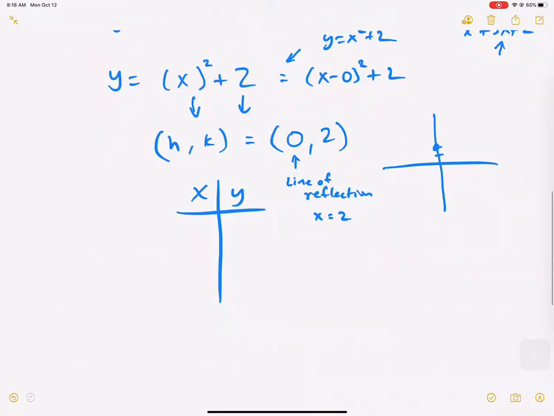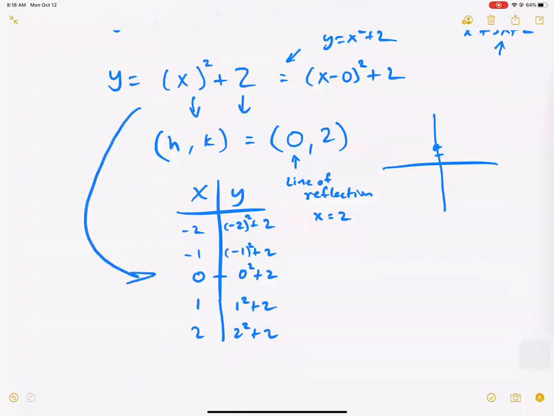Let me demonstrate that. Let's pick a number on the right, a number on the left, a number on the right, and a number on the left. If I plug in 0, it would be 0 squared plus 2, 1 squared plus 2, 2 squared plus 2, negative 1 squared plus 2, negative 2 squared plus 2. I'm plugging into this y equation to fill out this graph.